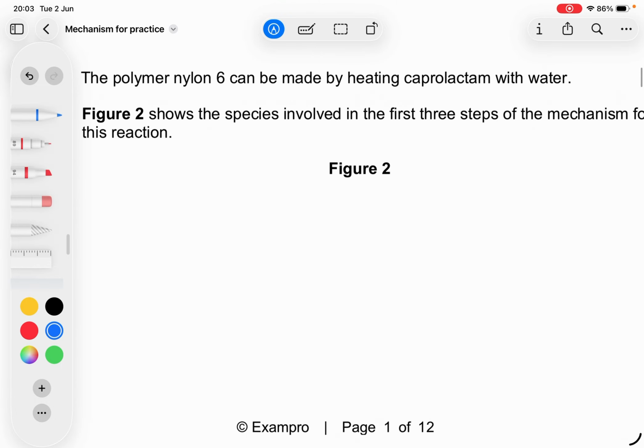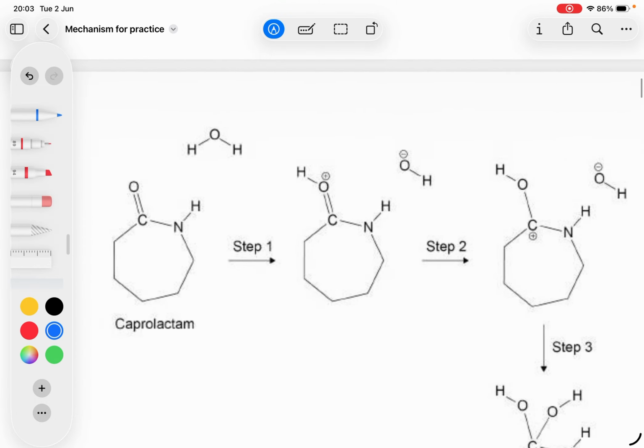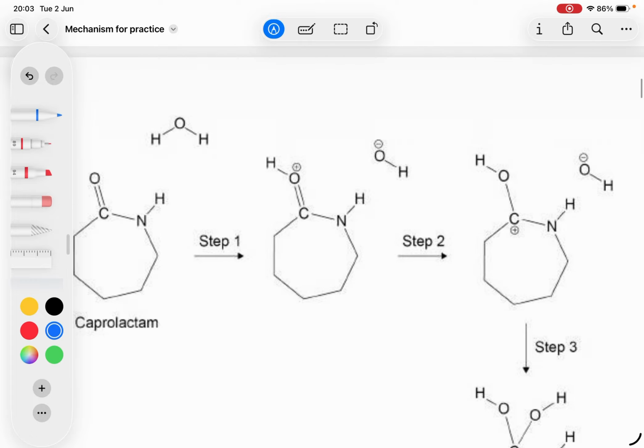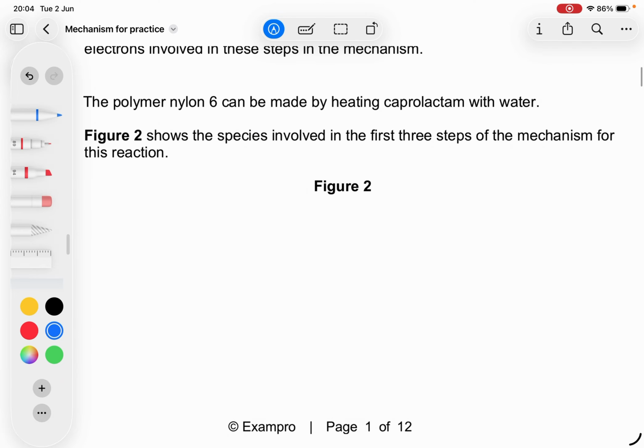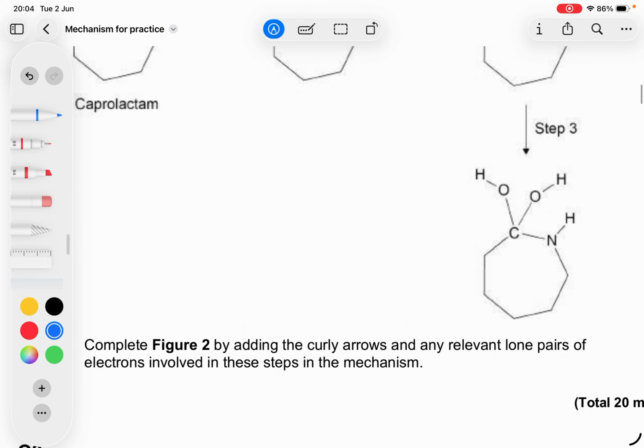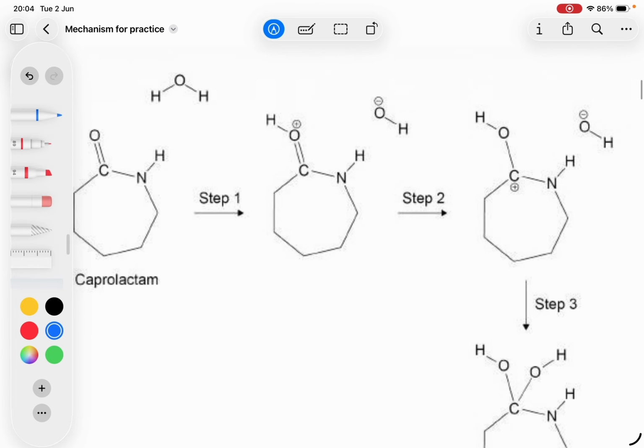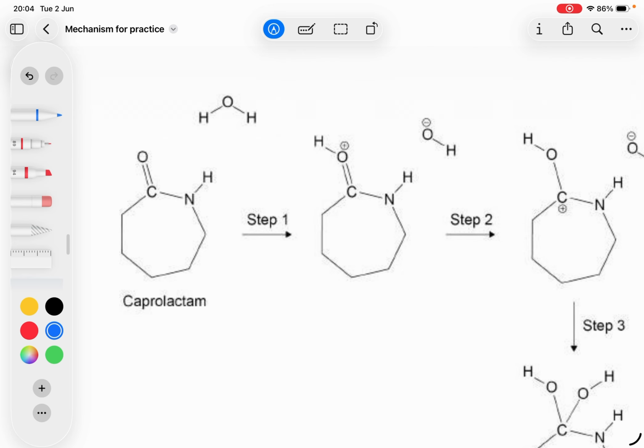You're also going to get some unusual types of mechanism which seem as if you haven't seen them, but they will not ask you mechanisms outside what we've already covered. Okay, so here the question says a three-step mechanism for the reaction. It says complete figure 2 by adding curly arrows and relevant lone pairs of electrons in these steps. So let's see, how do we work this out? Well, let's look at the change.